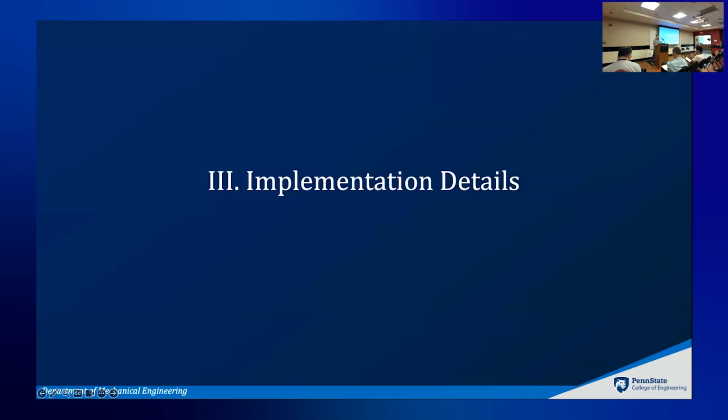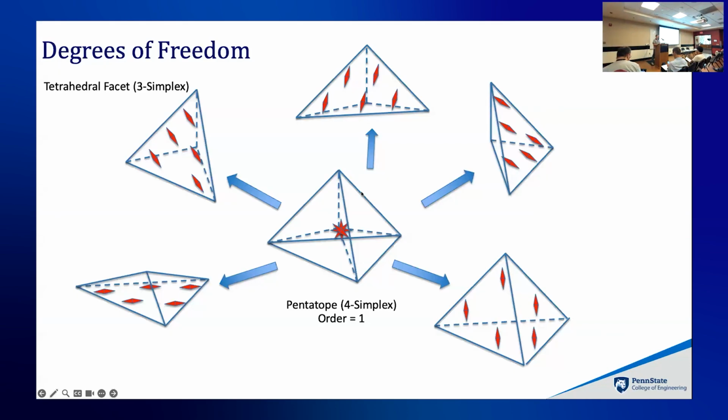So, implementation details. I think it's only natural to first address the degrees of freedom. Each pentatope has 5 tetrahedral facets. For an order equals 1 element, we have 5 different vector degrees of freedom for each tetrahedral facet. And then we have 4 co-located DOFs for this order element on the interior of the pentatope.